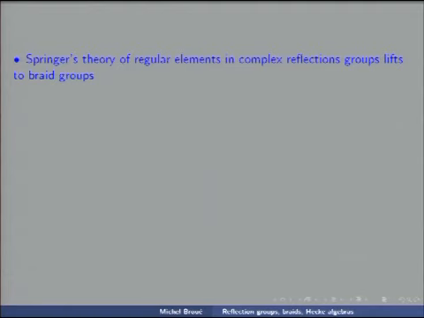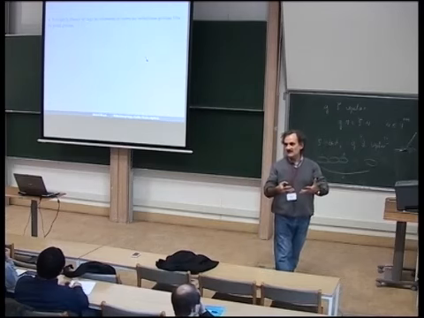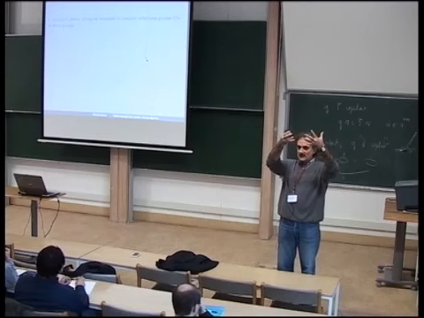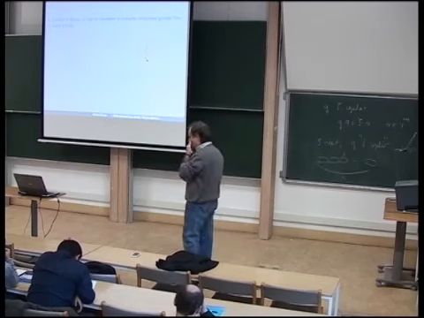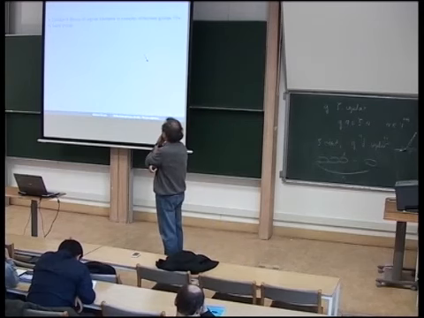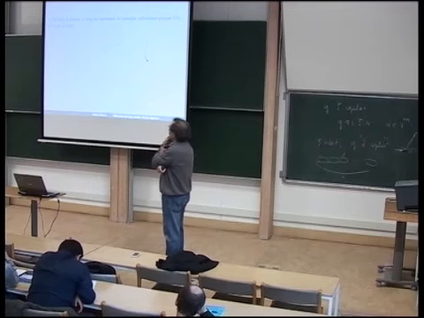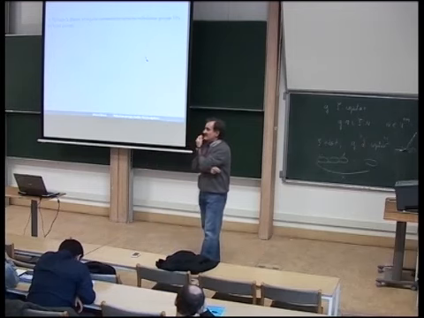Now, I think you understood that our point of view is to lift all the properties from the complex reflection group, from the finite reflection group, up to the braid group. So how to lift the theory and these results about regular elements. As I said, Springer's theory of regular elements in complex reflection groups lifts to the braid group.